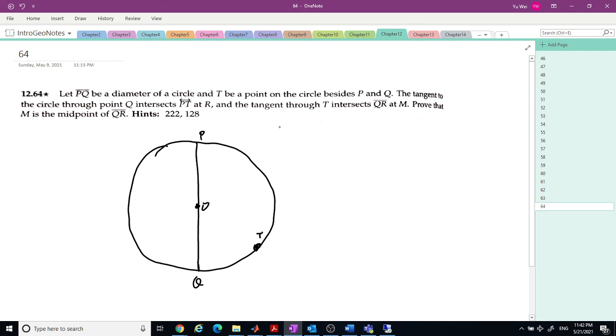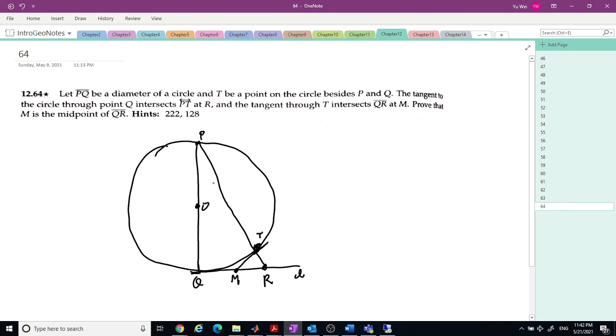Then we have the tangent to the circle through Q, and PT intersects this line at point R. The tangent through T meets it at M.